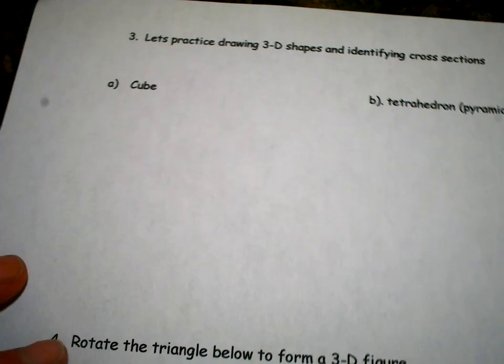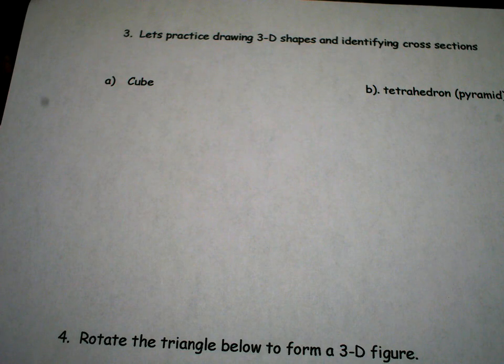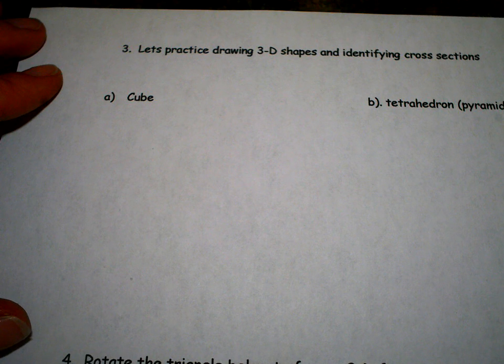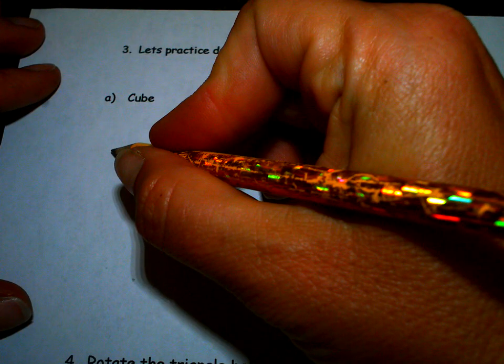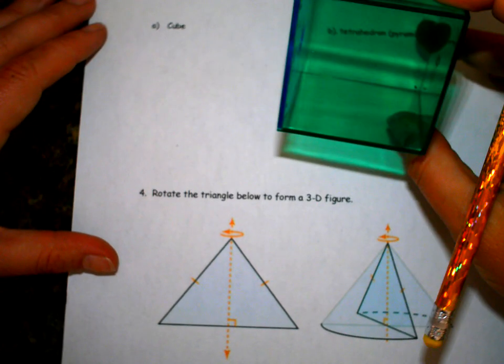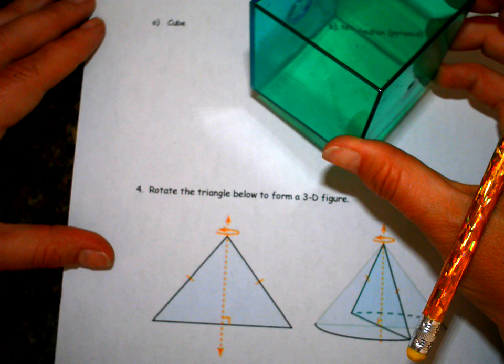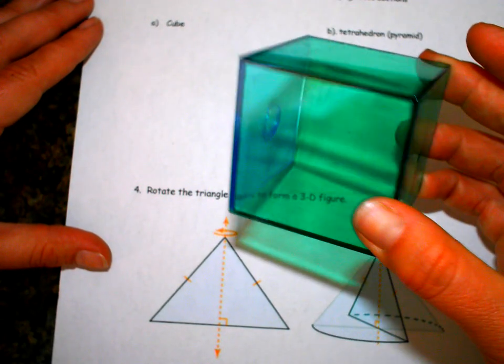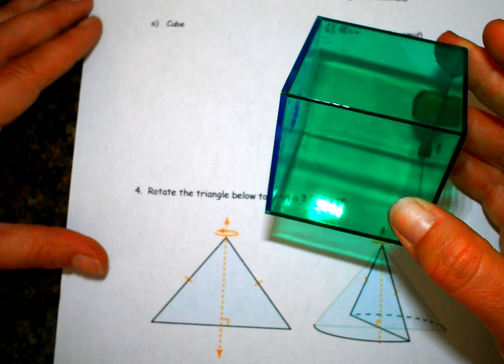A cube. You cannot draw a three-dimensional figure until you do the front first. So here's a cube, right? And the way that we draw it as our eyes is we have to draw it so it looks like something like this.